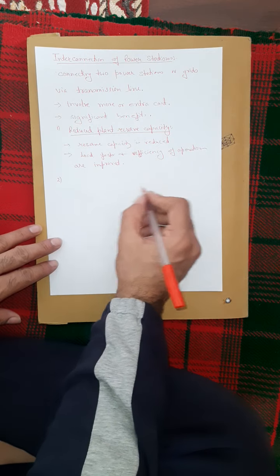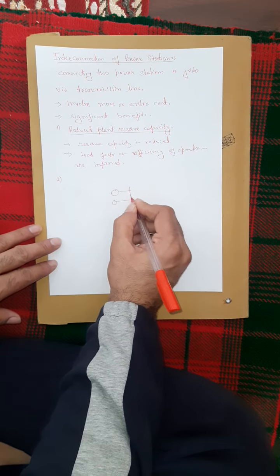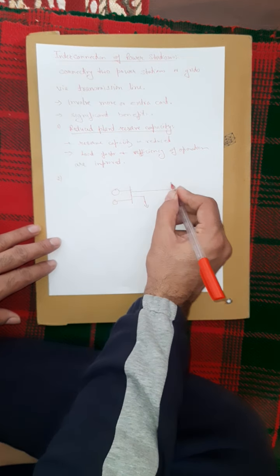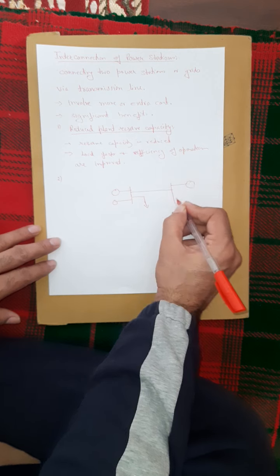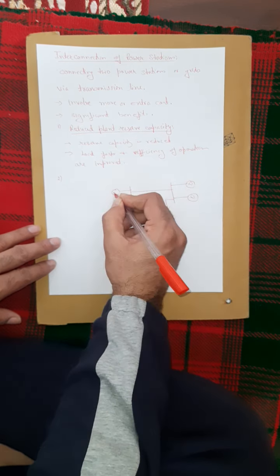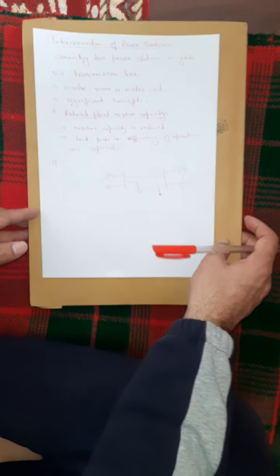For example, this is one power station. I have two generators here, and I have load here. This is my other power station, and I have load here. There can be as many generators as needed.